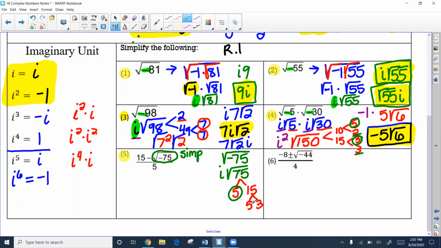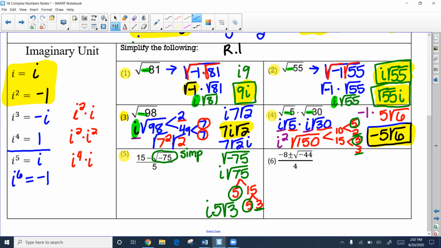So then I have a pair of 5s and a 3 left over. So when I write that, the one from the pair goes on the outside. So I've got a 5 on the outside, and then the 3 stays on the inside. So 5 square root of 3. Now, don't forget, we still have the i in the front. So square root of negative 75 simplifies to i times 5 square root of 3.